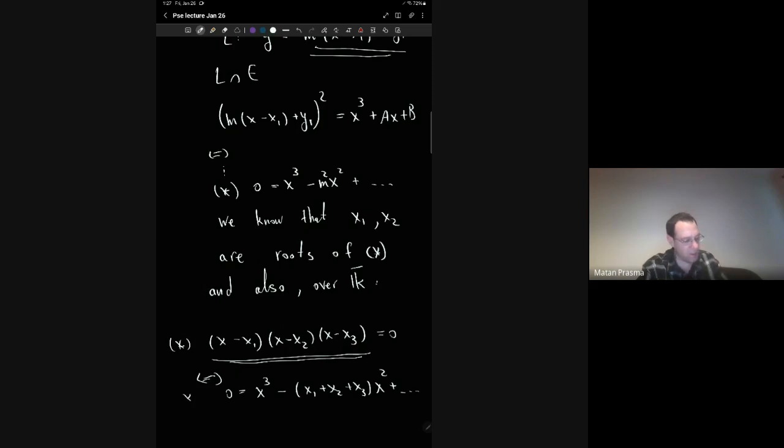And we know that this is the same as we have here in the purple one, which is a polynomial over k, not over k bar. So we conclude that x1 plus x2 plus x3 is equal to m squared, which is an element in k.